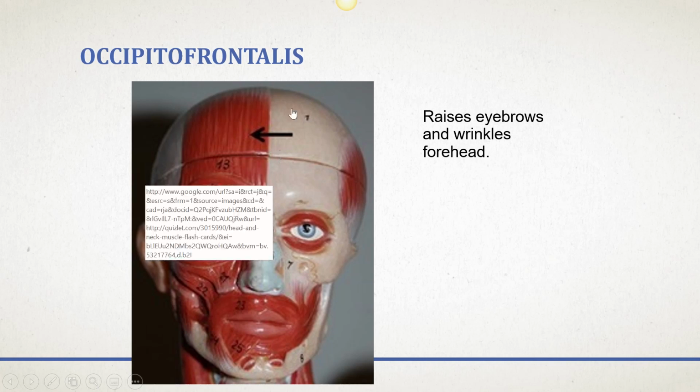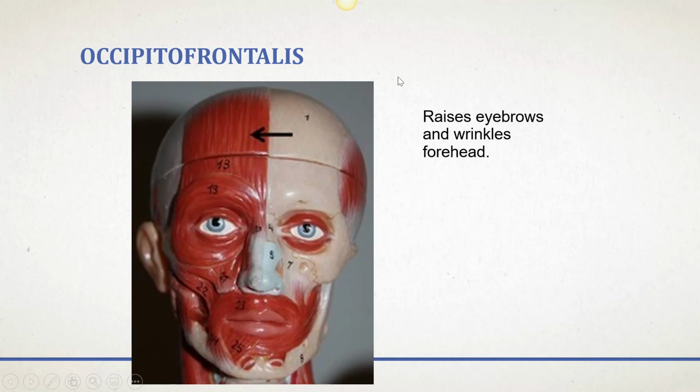When the insertion is pulled toward the origin, this one raises the eyebrows and wrinkles the forehead. So this muscle that goes all the way up the top of the head, all the way to the back of the head, that's the occipital frontalis. Some textbooks will break this down into the occipital belly and the frontal belly of the occipital frontalis. But you just need to know the name of the entire muscle.